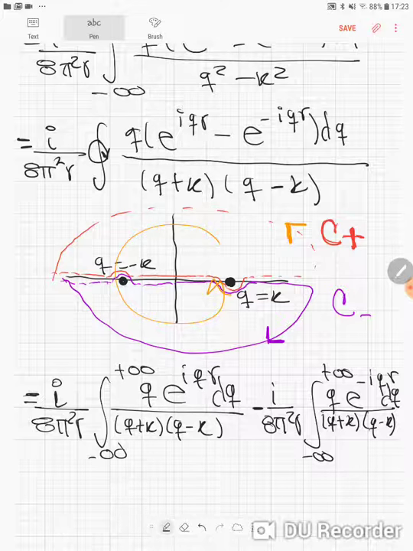So then we're going to choose that the first one we're going to evaluate over C plus, and the second one over C minus.